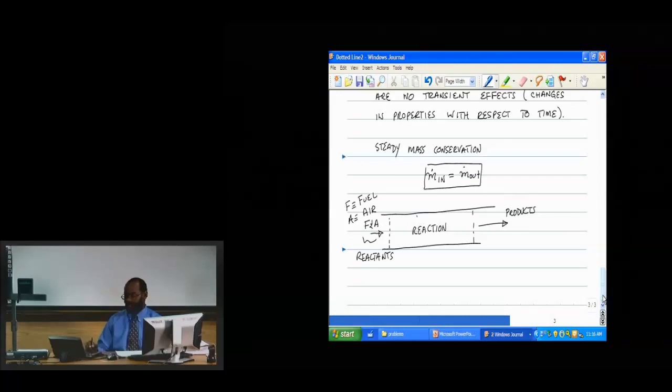So how does this help us in terms of interpretation and insight into this problem? Well, say that the reactants have a velocity u_r. So this is the speed in a particular direction, of the reactants. The pipe cross-sectional area is A_C.